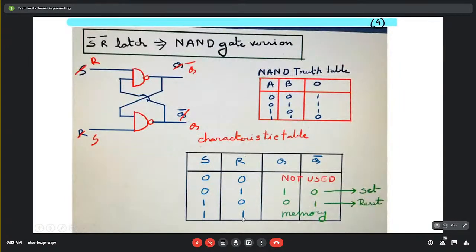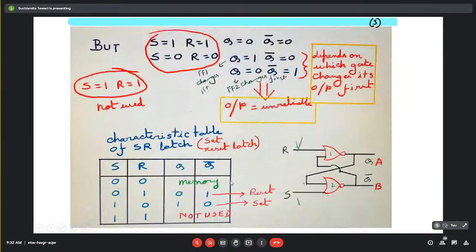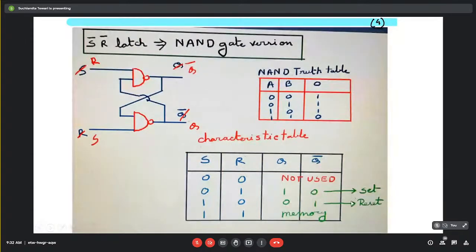And if I put 1 1, it stands for the memory condition, the 0 0 condition of the NOR gate based latch. The set and reset states are just reversed. When S equal to 0 and R equal to 1, I get the set state, and when S equal to 1 and R equal to 0, I get the reset state.